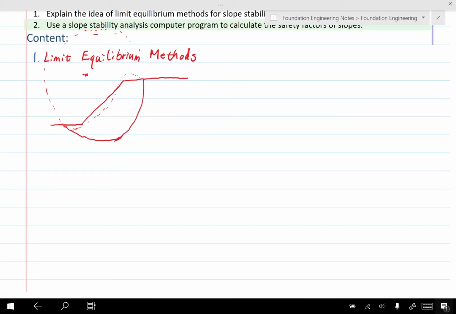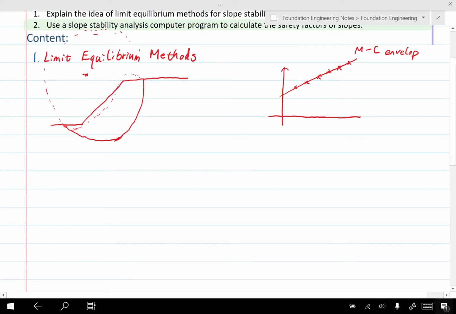Once at the critical state, that means they reach this MC envelope. So every point is here, but they could be at different locations along this line. That means all the shear strength of the soil along this slip surface has been activated.